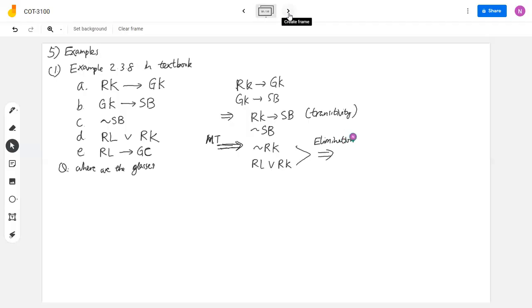By elimination, we know that RL. And then we have RL implies GC, and we have our conclusion, GC. And this is by Modus Ponens.